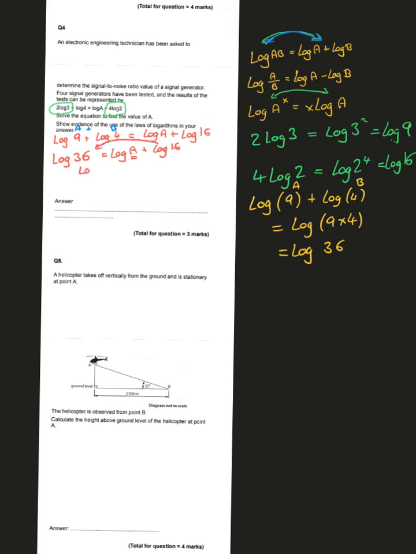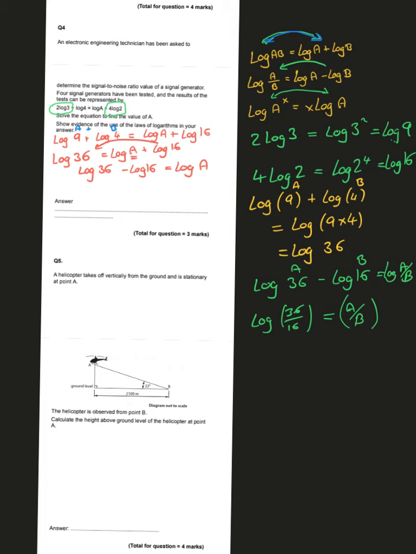That's going to give me log 36 minus log of 16 is equal to log of A. So when I have log A minus log B, that's the same as having log A over B. So log of 36 minus log 16, the sign changes because I'm bringing it over the equal sign, is equal to log of 36 over 16.